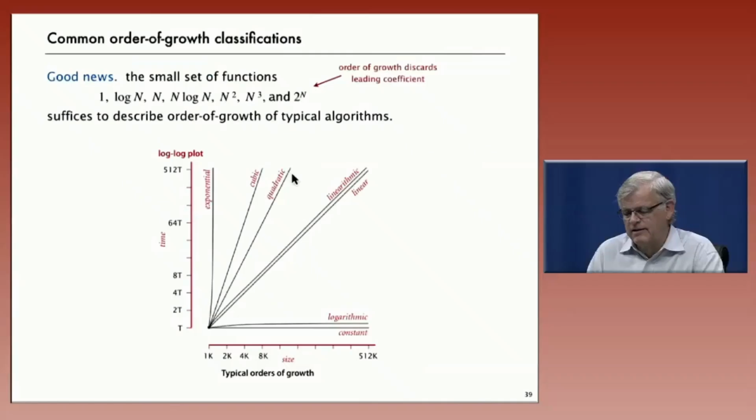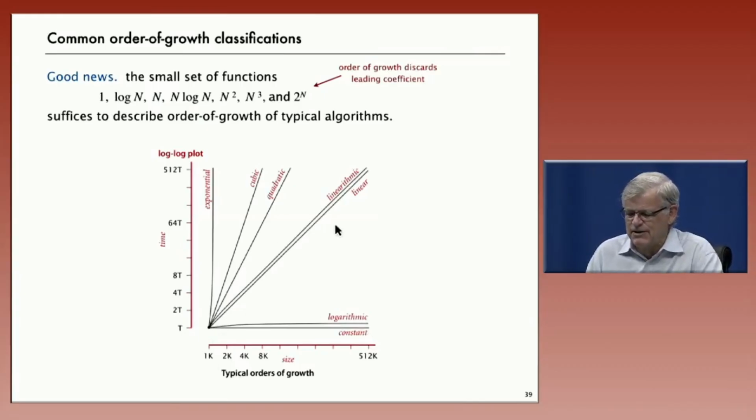And in these plots, these are log-log plots that really give a good idea of what's going on. If an order of growth is logarithmic or constant, it doesn't matter how big the thing is, it's going to be fast. If the running time is t for, say, 1,000, then for 500,000, it'll be pretty close to t.